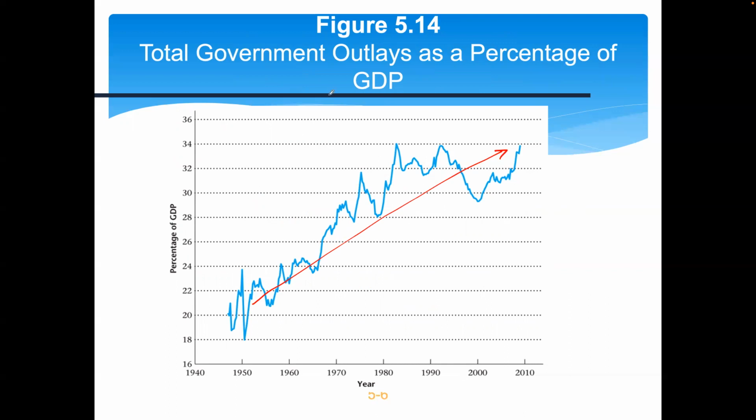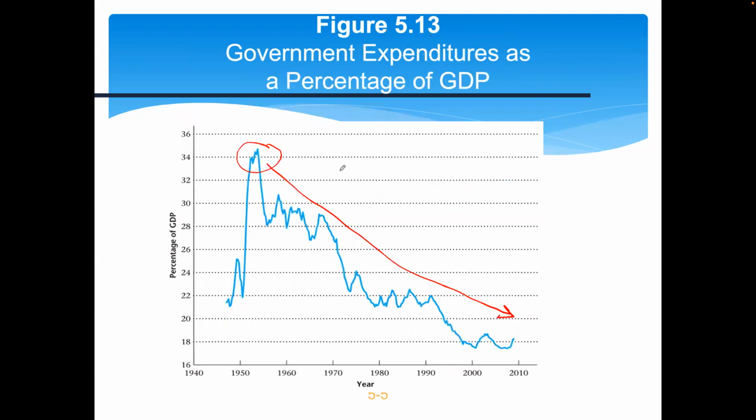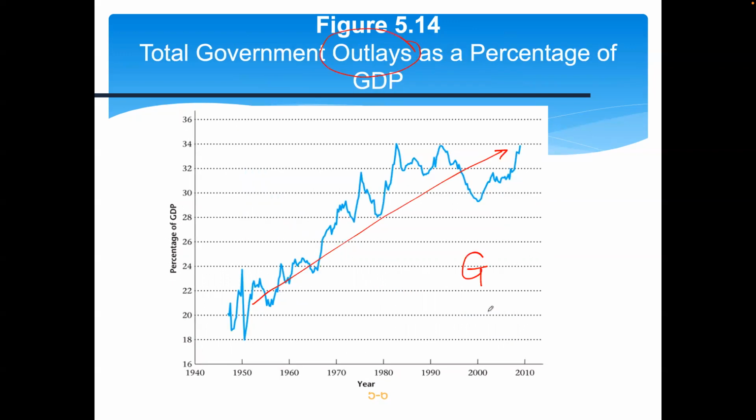The government outlay actually includes government spending, G, like purchases of goods and services. If we look at here, that is essentially here. So government expenditure is indeed declining. That means the direct purchase of goods and services is declining. So what is considered a direct purchase of goods and services? For example, the government purchasing military goods, like national defense.